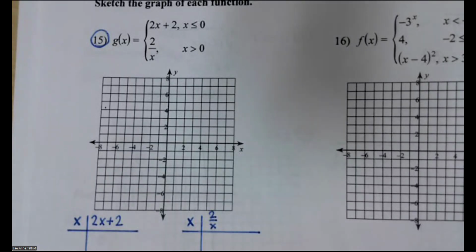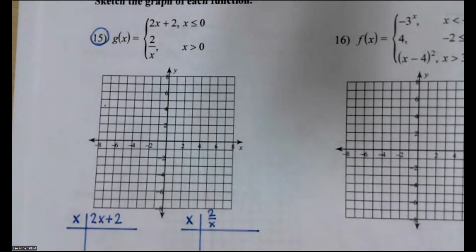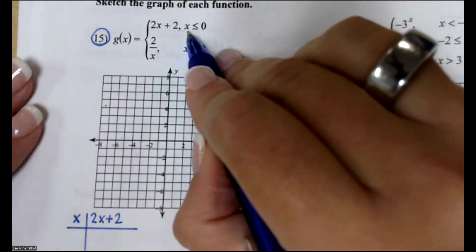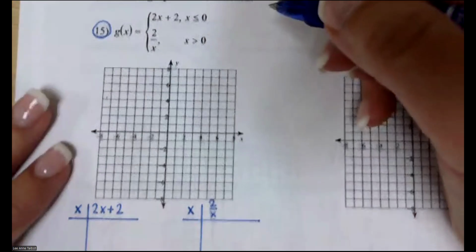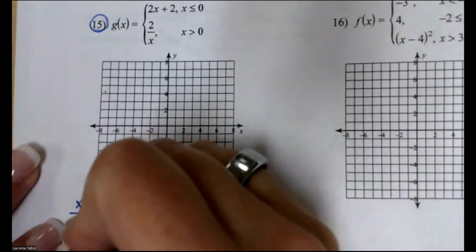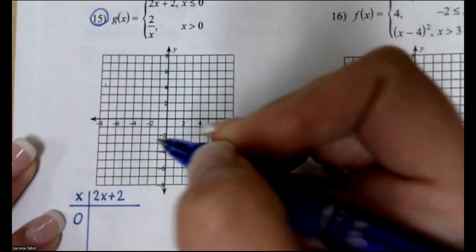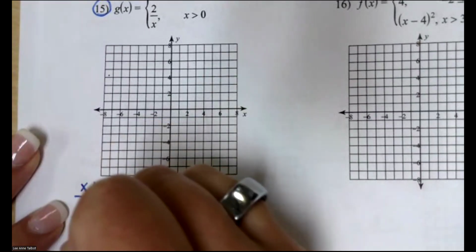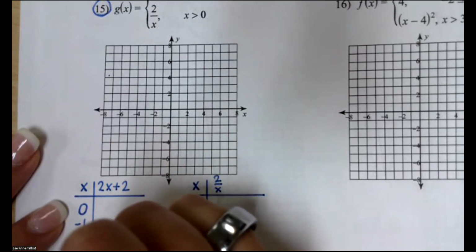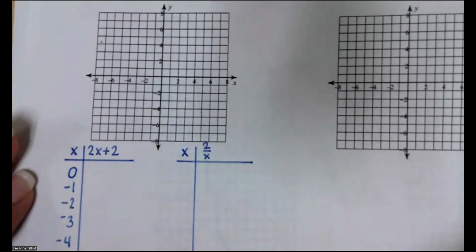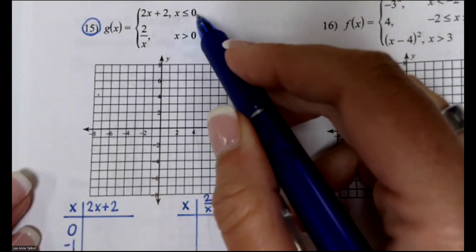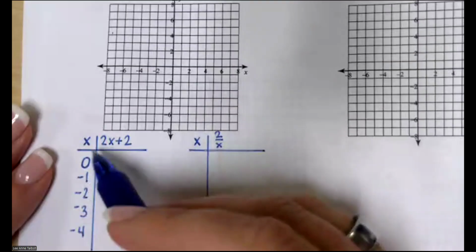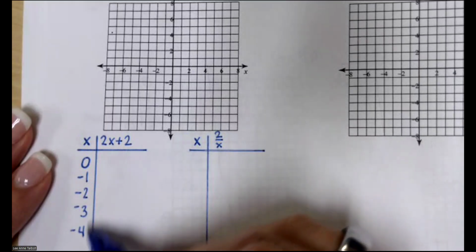Now if there's going to be a hard part about this, it's right here. This is telling you x is less than or equal to 0. So you start your table at 0 and go in the less than direction a couple of points.